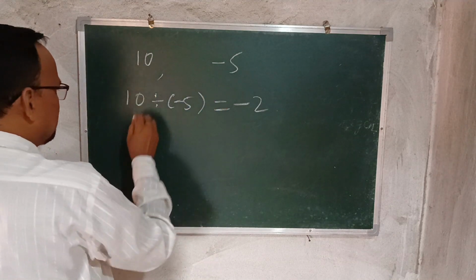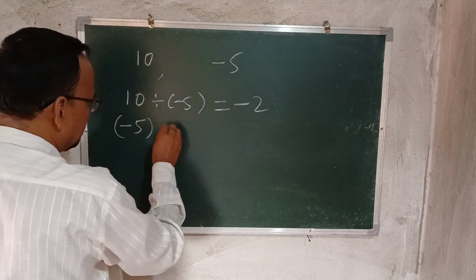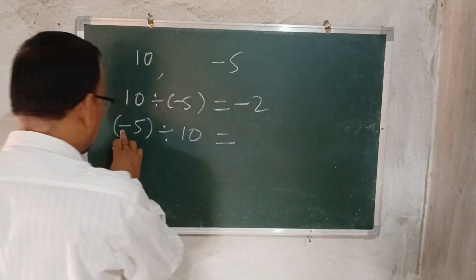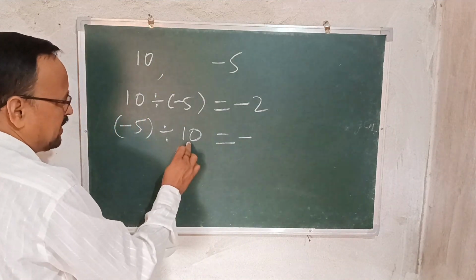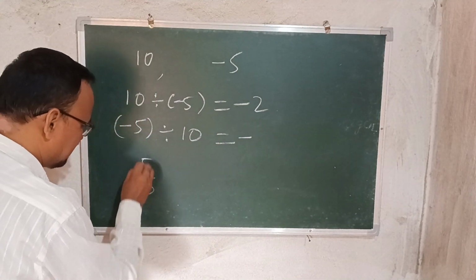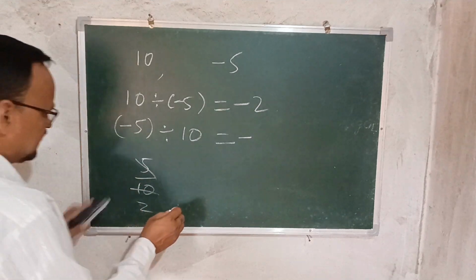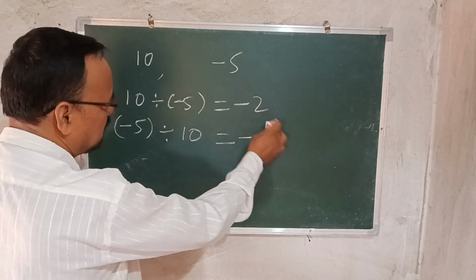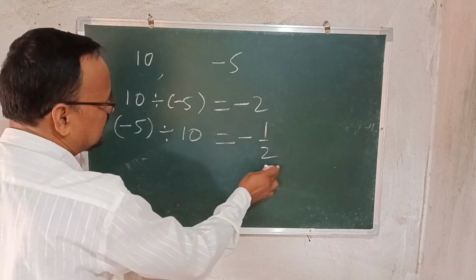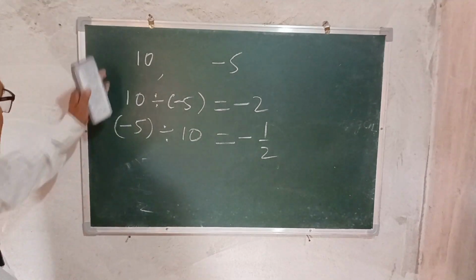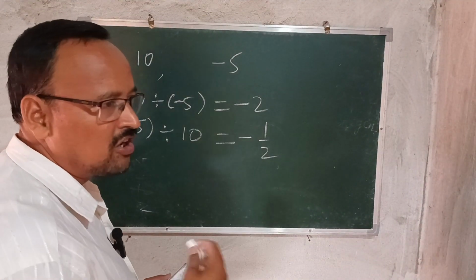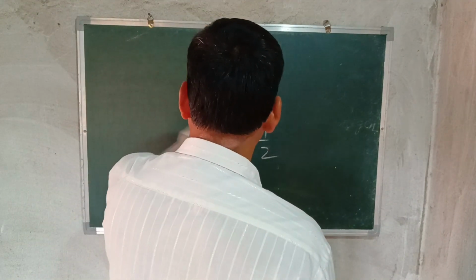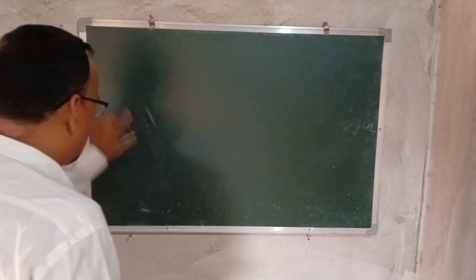Then minus 5 divided by 10: minus divided by plus is minus, and 5 divided by 10 gives 1 by 2. So minus 2 and minus 1 by 2 are not equal. So division does not obey the commutative law, and division does not obey the associative law also.